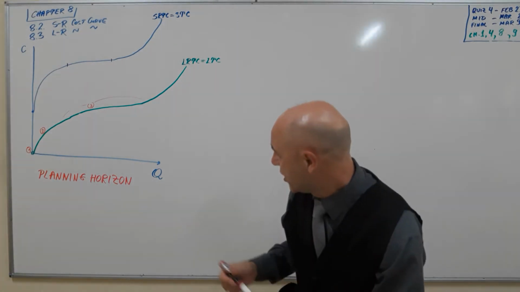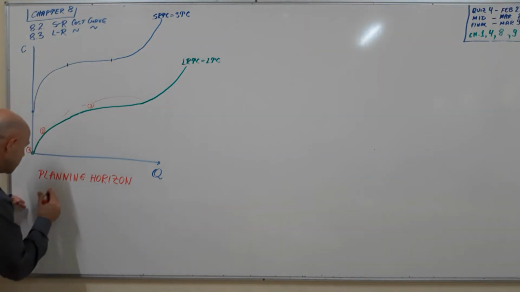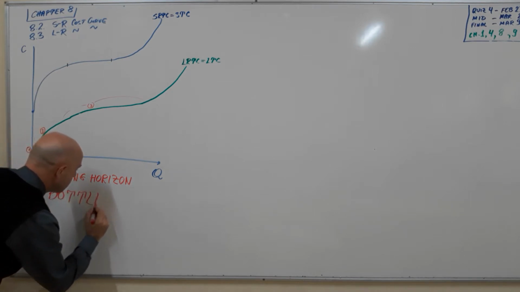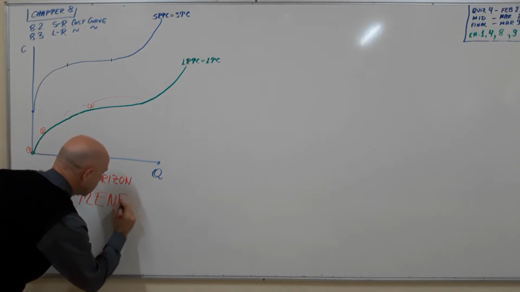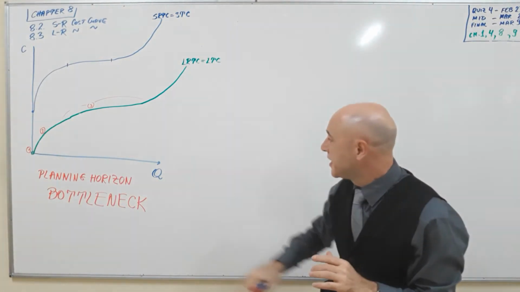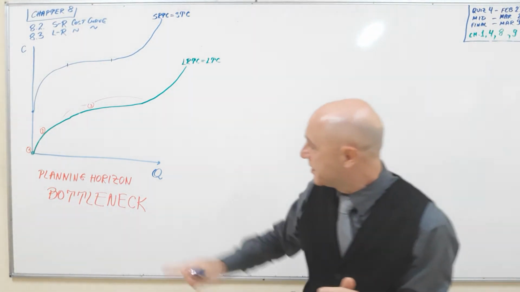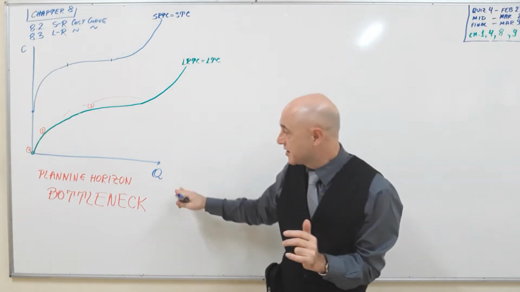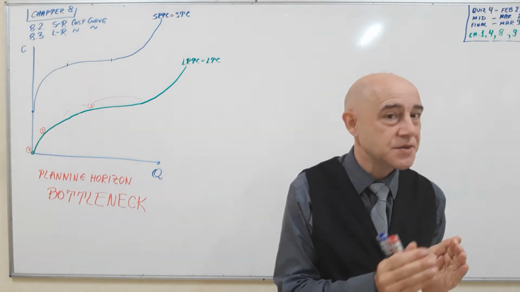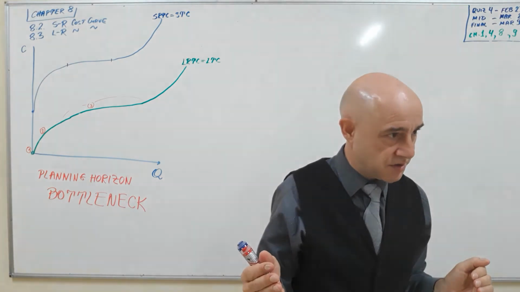Okay? The trick in the planning horizon, this level of inefficiency is usually called in business, in management, a bottleneck. A bottleneck is a necessary process, a necessary element in the business for which the business has at some point experiences serious restrictions, okay?